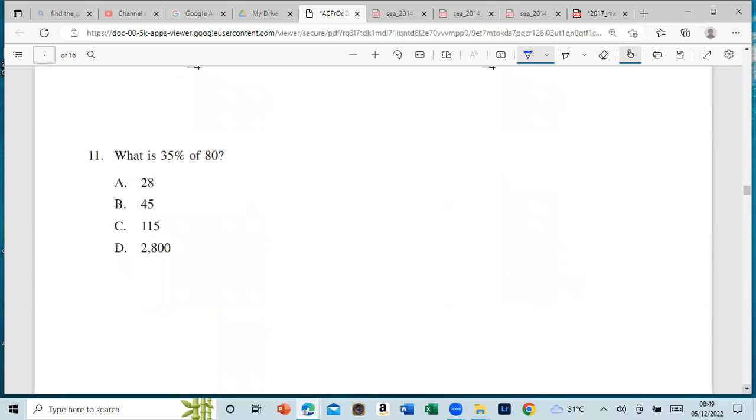Alright, this one says, what is 35% of 80? And that can only be 28 or 45. 45 is close. You have to work it out. But it couldn't be this, because it doesn't reach 50%, and 50% would be 40. So it can only be this. But let's work it out.